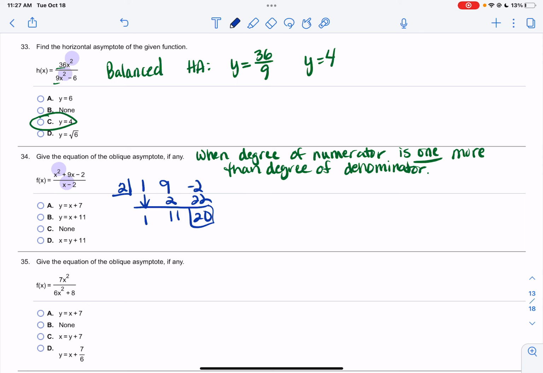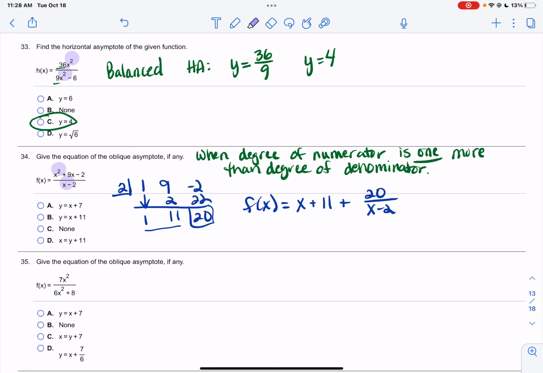then this function, f of x, can be written as the quotient and the remainder. Since we started off with an x squared, our quotient is reduced by 1 power, so our function can be written as 1x plus 11 plus the 20, which was the remainder, over what we divided by.